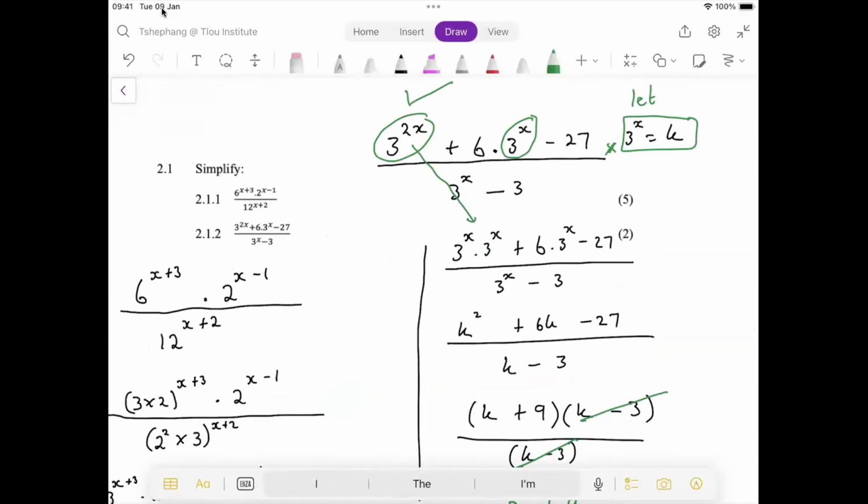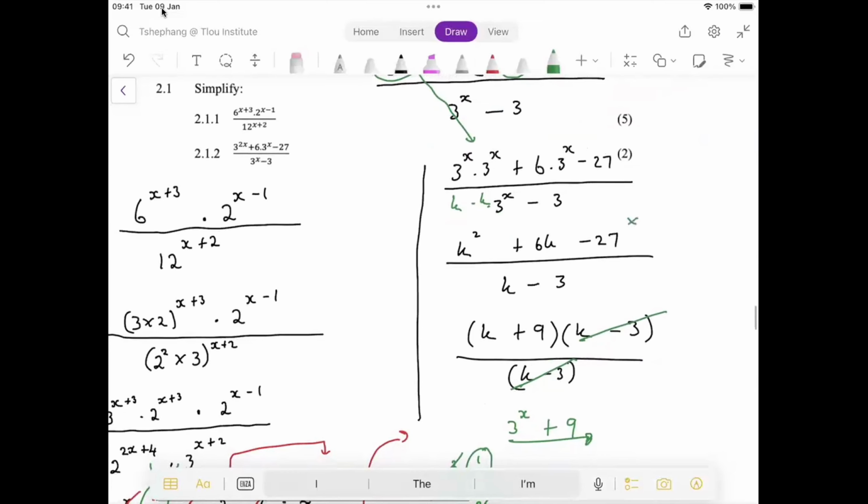So x plus x will give you 2x. Then plus 6, 3 to the power of x minus 27. Now, because we said 3 to the power of x is equal to k, this is k multiplied by k. K multiplied by k will give you k squared plus 6k minus 23. Sorry, minus 27. All over k minus 3.